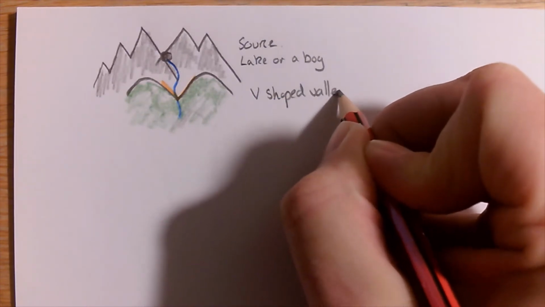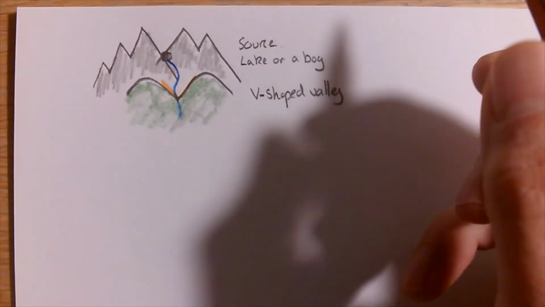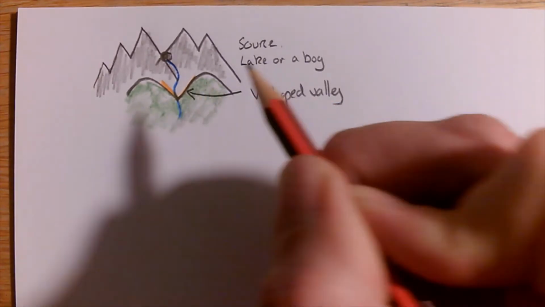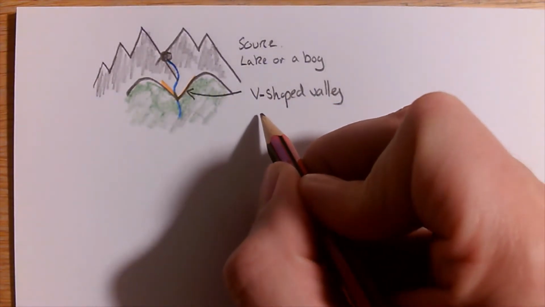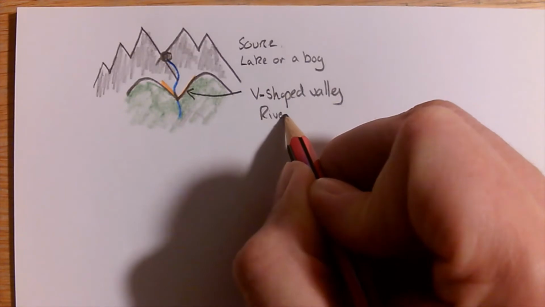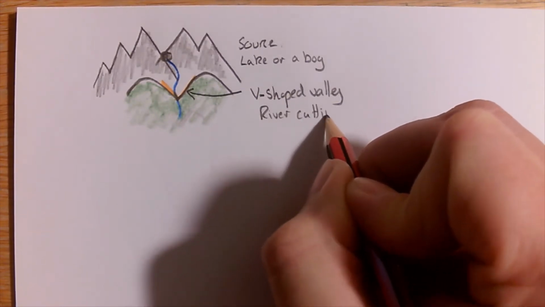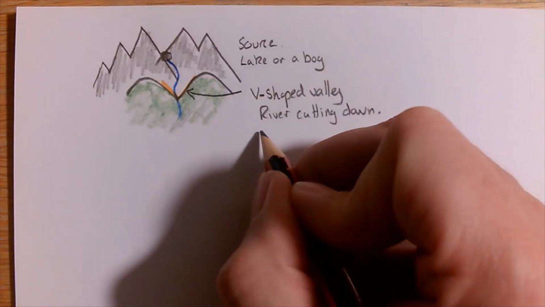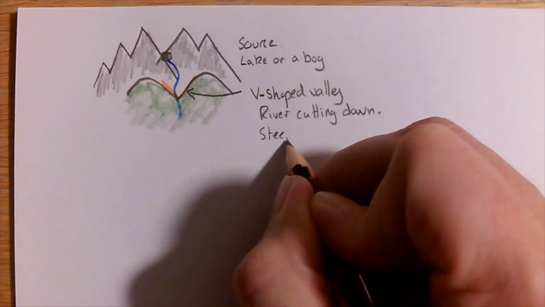Geography is lovely in the fact that most of its names are very descriptive to help us out. So this is a V-shaped valley, and it's formed by the river cutting down and formed with steep sides.